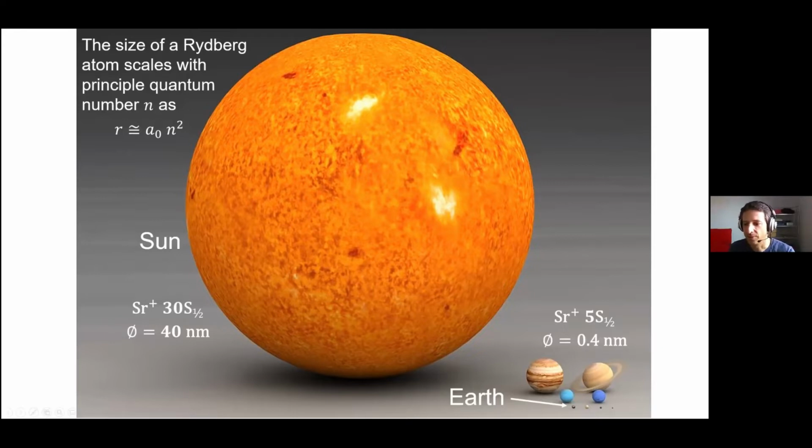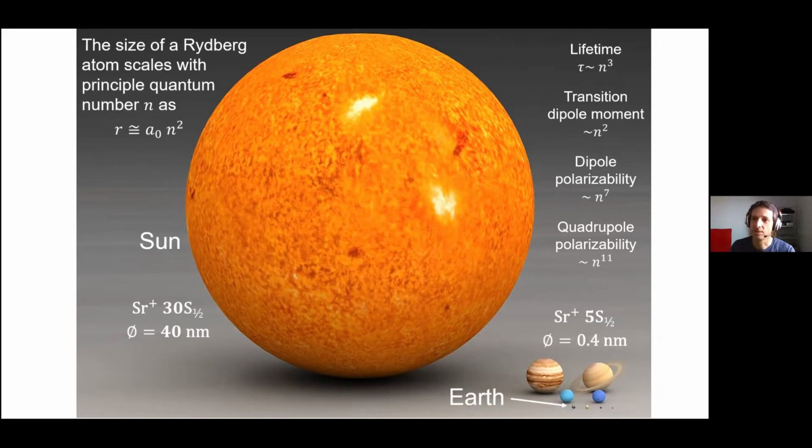So for instance, if you go from the strontium ground state 5s 1/2 to only a 30s 1/2 state, you get a factor of 100 bigger in diameter, which means in volume it's 100 cubed. So it's a really, really huge Rydberg ion compared to a ground state ion.